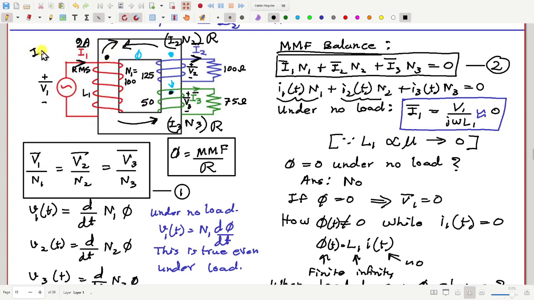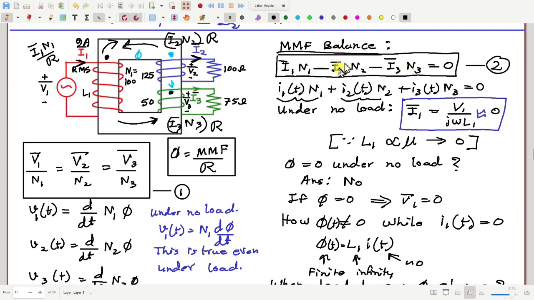That will be equal to I1 N1 by the reluctance of the core. So now two of them are in the anti-clockwise direction, one is in the clockwise direction. Let me put minus signs here according to the directions I have chosen. So this is the net extra flux generated under load.